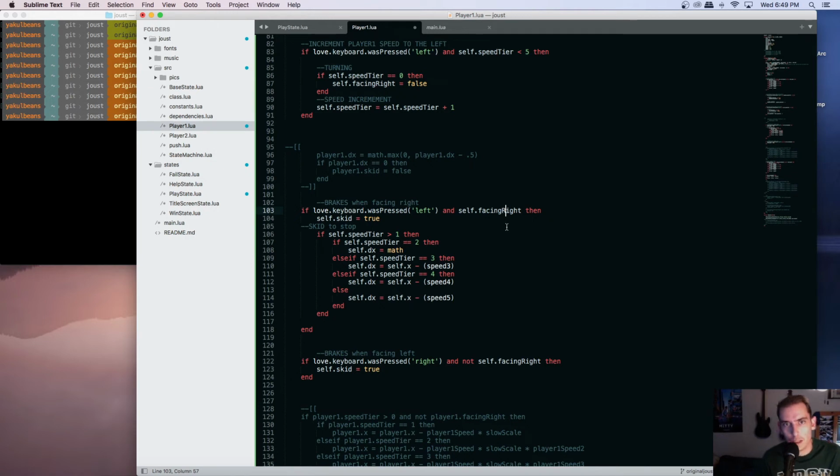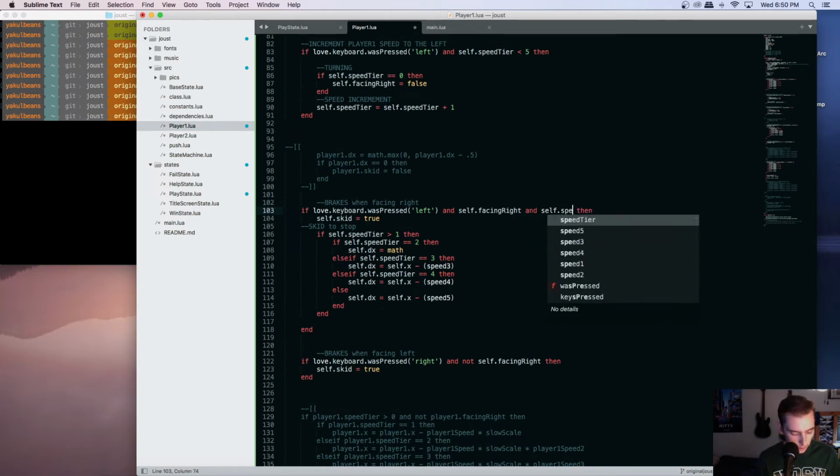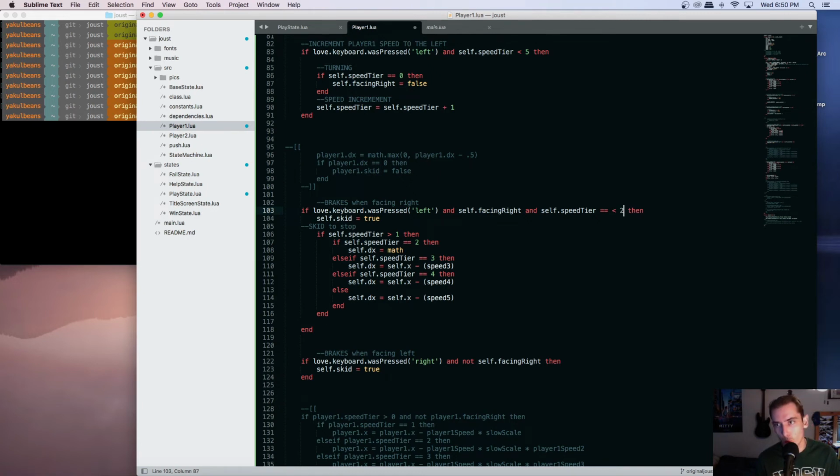So we can say if left is pressed and it's facing right, and self dot speed tier is smaller than 2, meaning it's 0 or 1, then instead of changing skid to true, we're going to say self speed tier gets 0. So that'll be the brakes, not the skid.